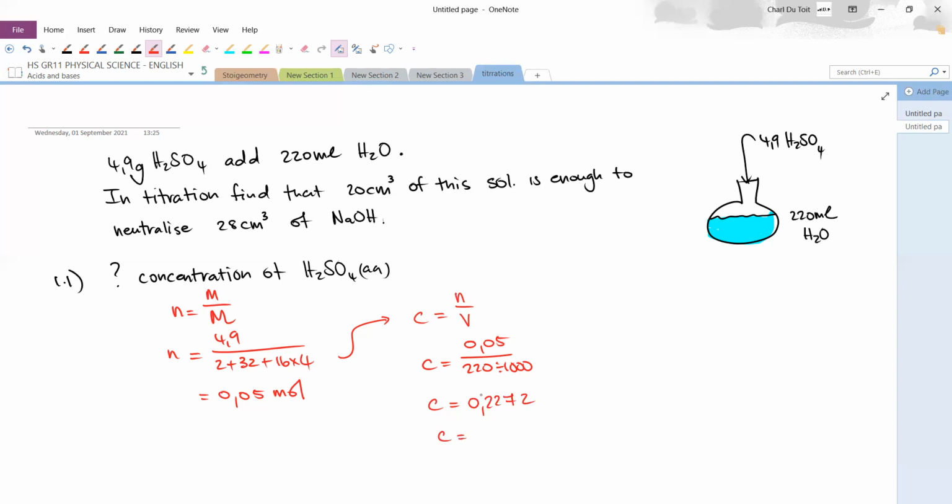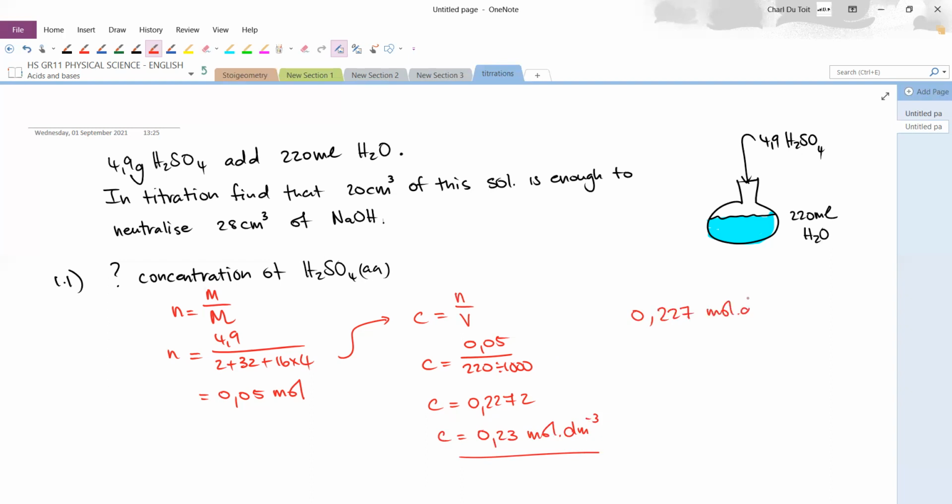We must make 100% sure there's a difference between 2 decimals, which is 0.23, and 3 counting numbers, which would have been 0.227.